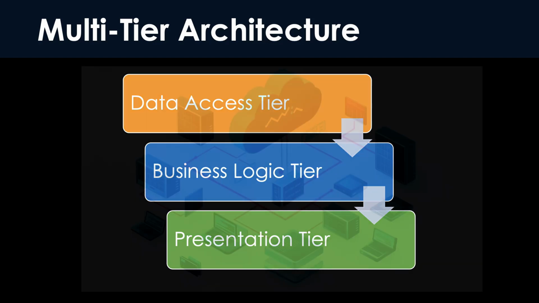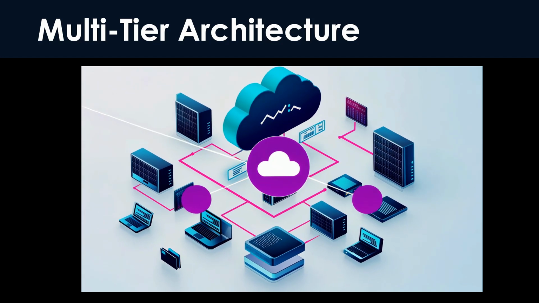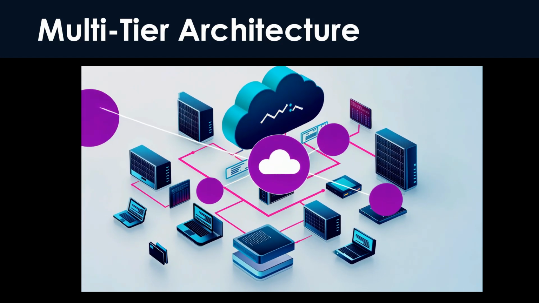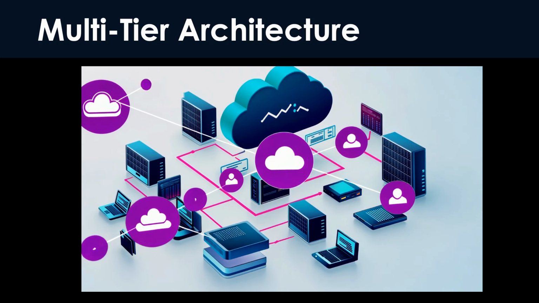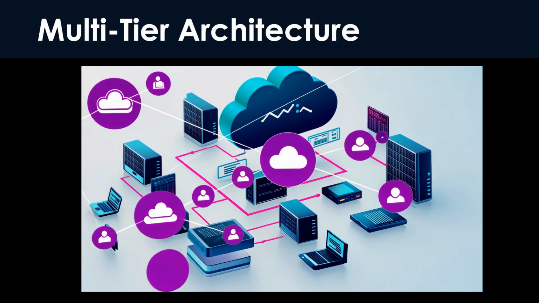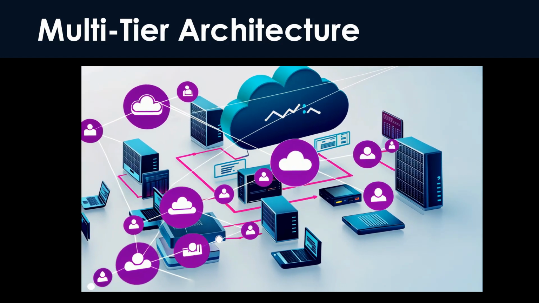We really love the flexibility that the cloud gives us to not only design multi-tier architectures, but to be able to really separate them and decouple them. More on that in an upcoming episode, but we're able to really break them up onto different systems.